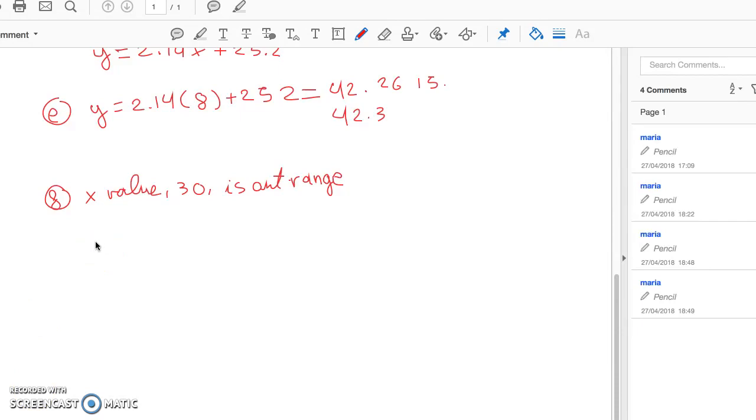So this is called an extrapolation. And the idea is that no, I cannot use my linear regression outside of my range. So no, it is not reliable. Not reliable. And that's the end of question 2.